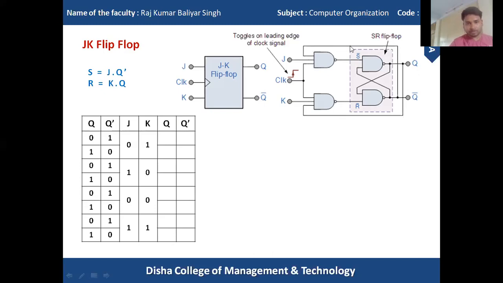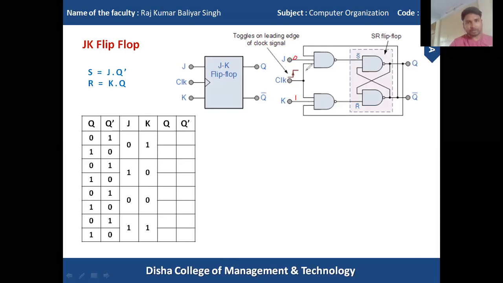Say J is 0 and K equals 1. As you know, the clock is always 1, so the clock is supplied with 1. For this combination, first we provide 0 0 1.